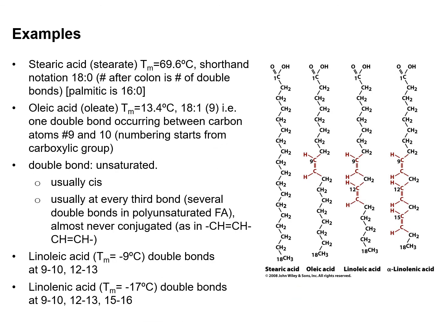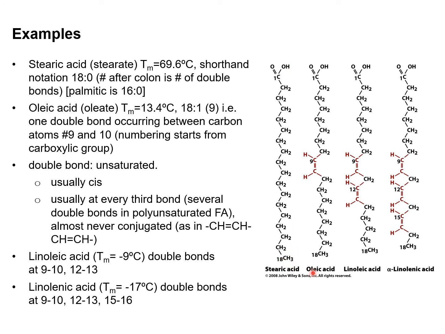Here are some examples of fatty acids, especially ones that have 18 carbon atoms. Numbers 1 and 18 indicate the carbon numbers. The numbering of the carbon atoms starts from head to tail, so from the carboxylic acid to the end of the tail.